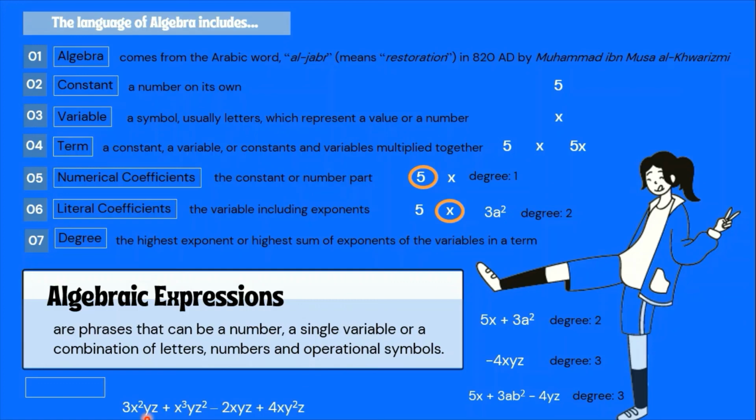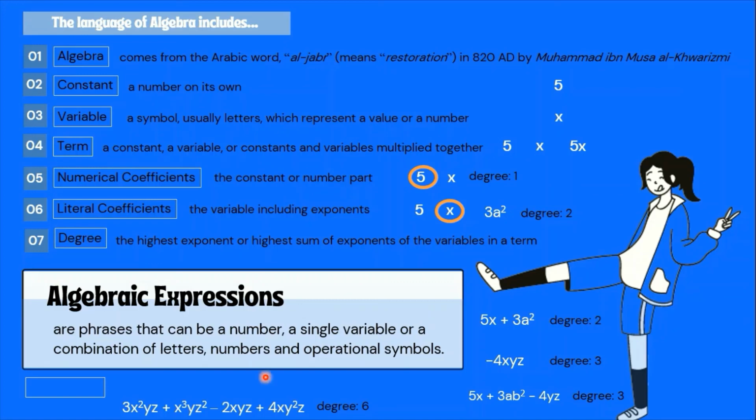This one, ang degree nito ay 2 plus 1 plus 1, 4. Dito naman ang degree nito ay 3 plus 1 plus 2, 6. Ang degree naman nito ay 1 plus 1 plus 1, 3. Ito naman, ang degree ay 1 plus 2 plus 1, 4. Kaya dito sa apat na to, ang may pinakamalaking degree ay itong term na ito, which is 6. Kaya ang degree ng expression na ito ay 6.